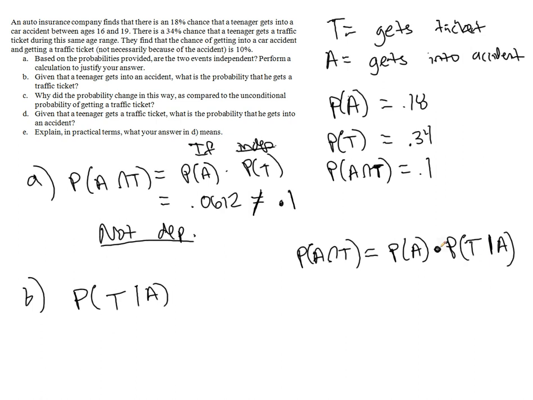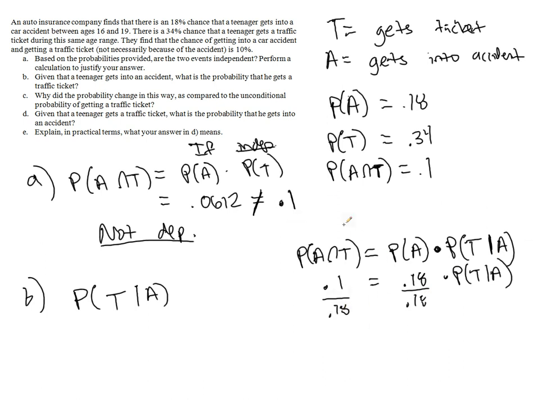In this case, getting a ticket is probably a little bit more likely if you get into an accident. Let's fill in what we know. This is 10%, and A is 0.18. We don't know what the probability of T given A is, but we can find it pretty quickly by doing some division. So divide by 0.18.